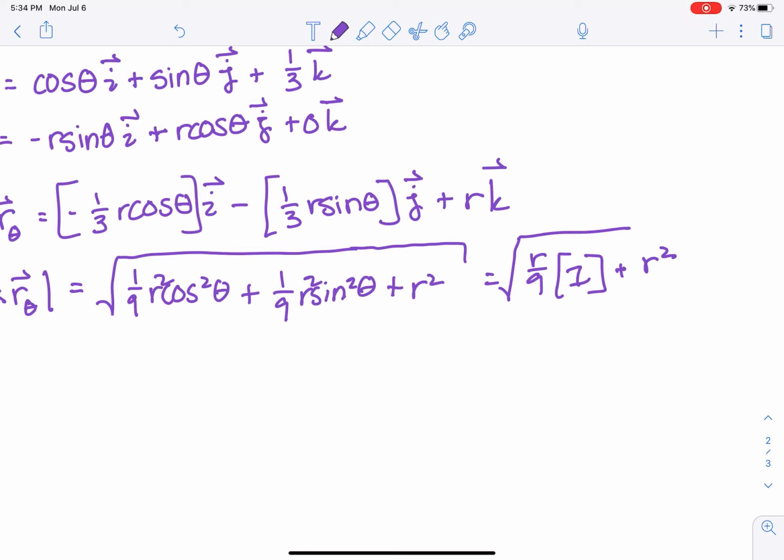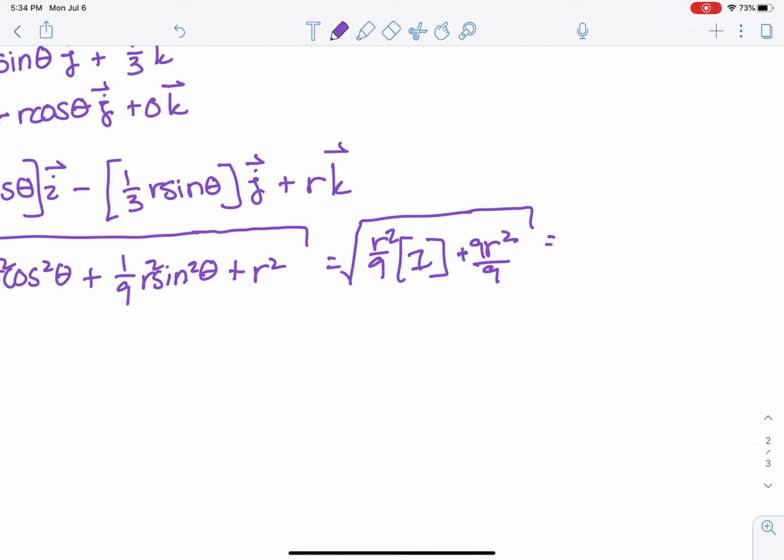Right, so that gives us r squared ninths times 1 that you get from doing the cosine squared plus sine squared, plus the r squared at the end. And that's the same as just 9 r squared ninths. So now you can add them together, and you'll get the square root of 10 r squared ninths.